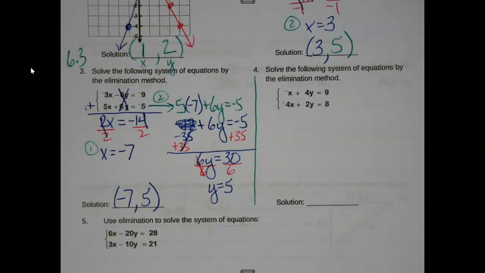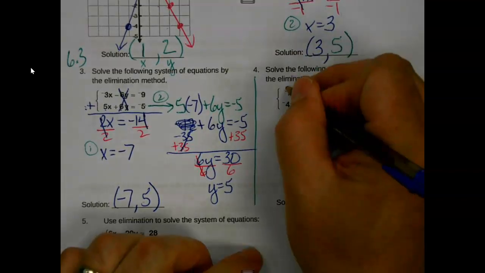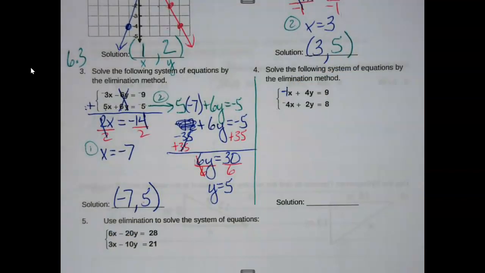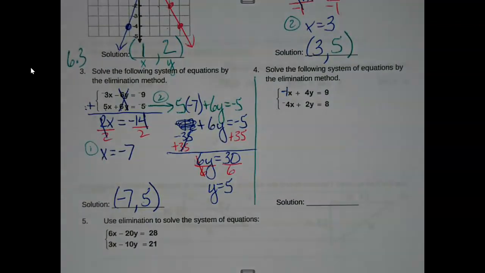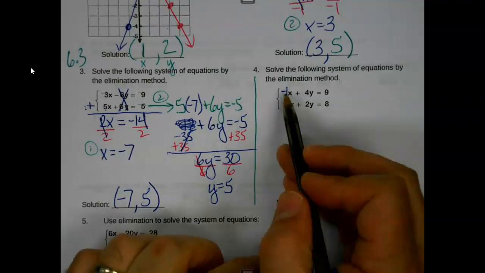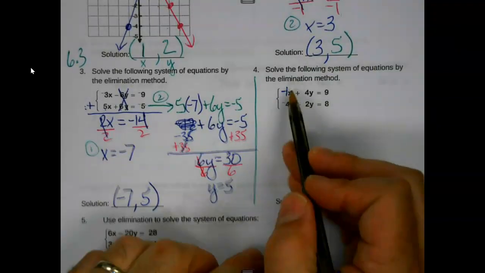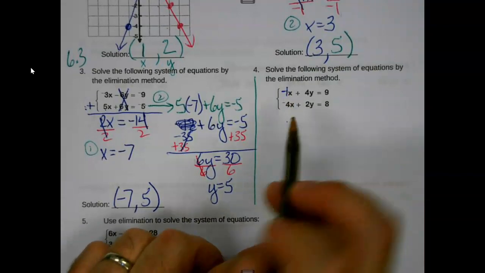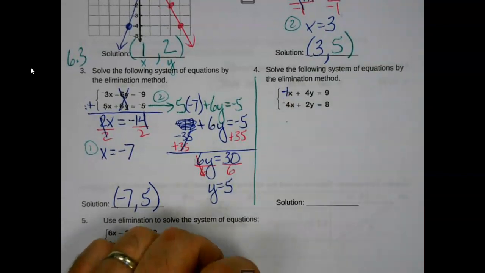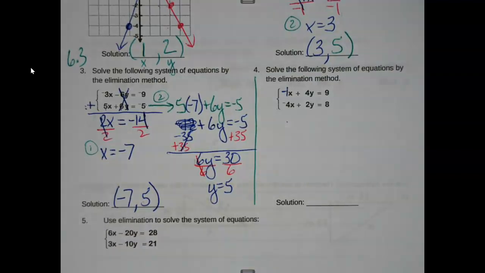Okay, but for the next one, don't you either multiply by a negative? So yeah, the next one, if I just try to add down again. You could multiply the top number by -4. Okay. I'm not going to have anything go away. Well, if I just add down right now, I won't.